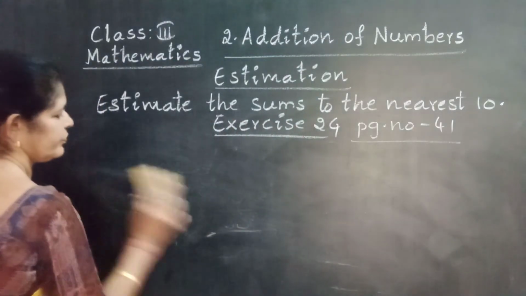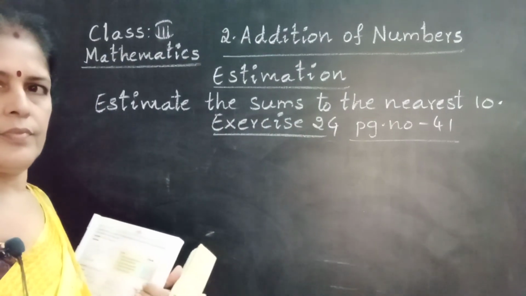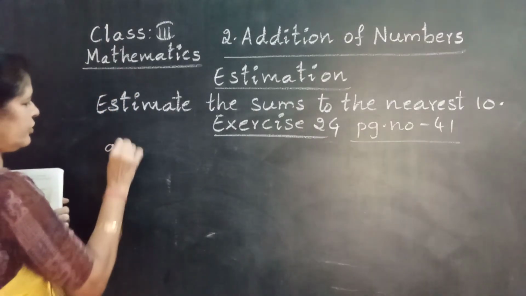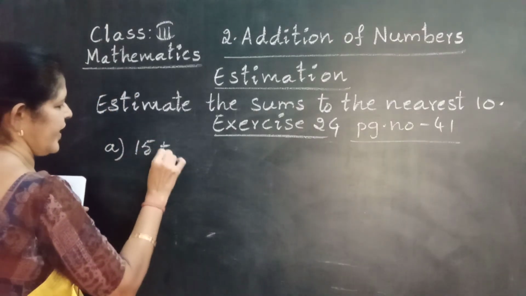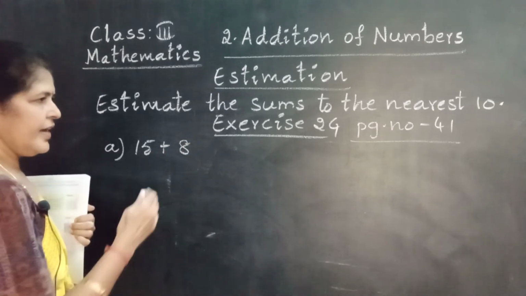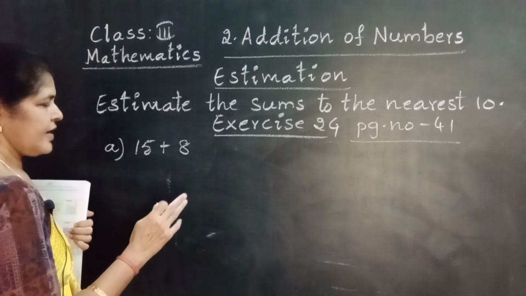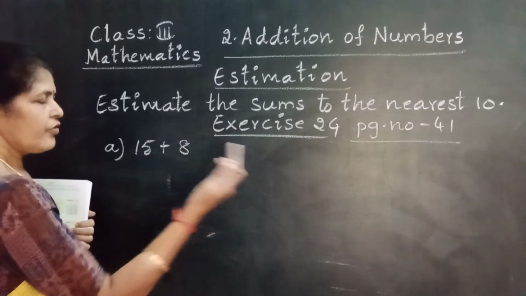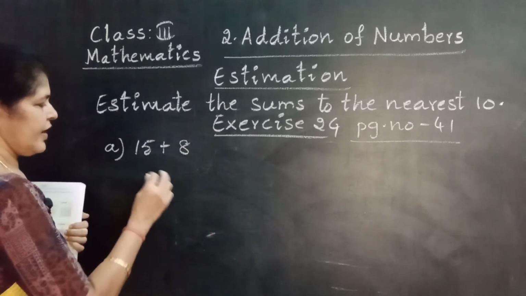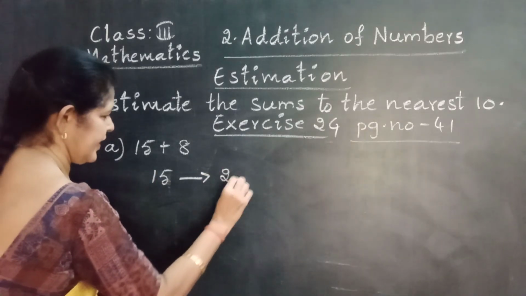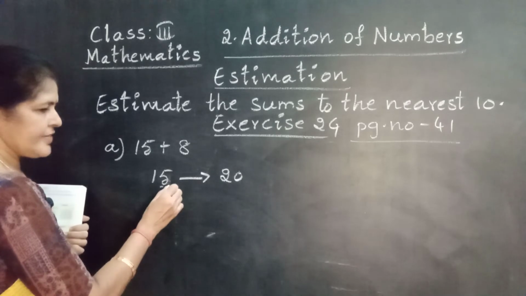Next one. Come on, Seema. First one. Again I am going to tell you. 15 plus 8. We have to find out the estimated sum. Estimated sum means first we have to write the nearest 10 to the given numbers. 15 is nearest to 10 means 20. Why? 5 is in the ones place.